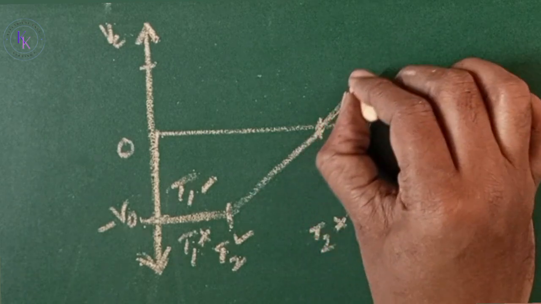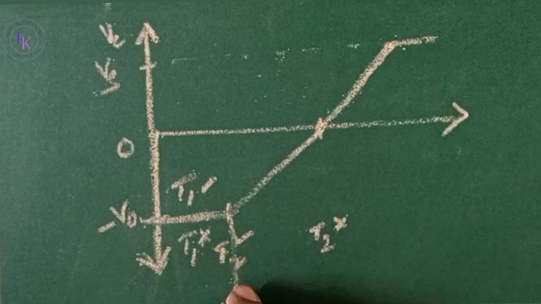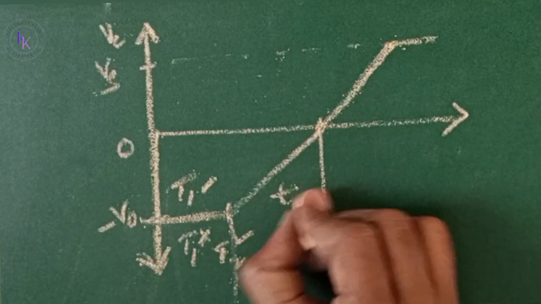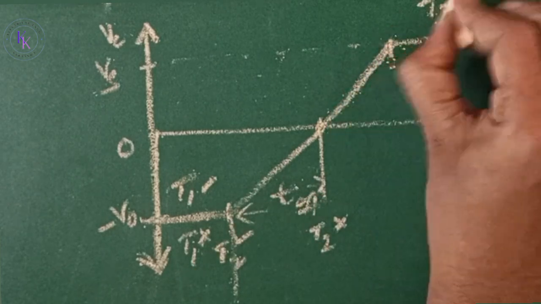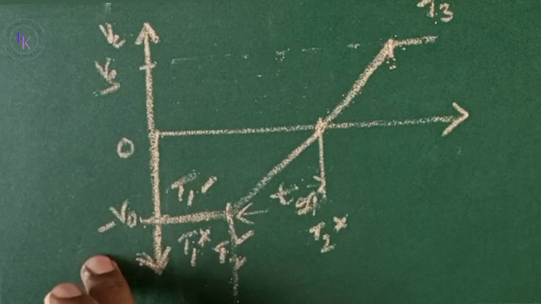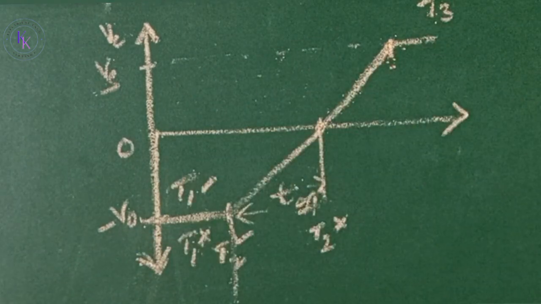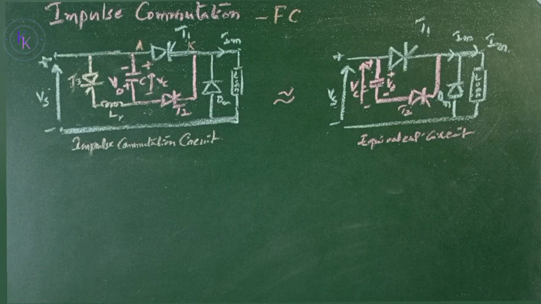The voltage charges to Vs. The time taken to discharge from minus V0 to 0 is known as the circuit turn off time, T off. And here, T3 is turned on, the voltage comes back to minus V0 and the self-commutation takes place, T3 turns off. This is an equivalent circuit for the impulse commutation circuit.